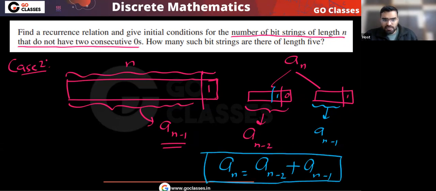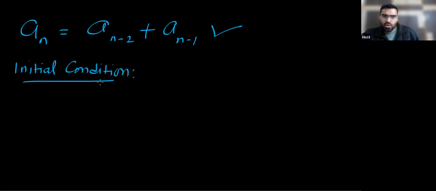What is the initial condition? Can anyone tell me? If you want to find the count for an n-length bit string, you can find it from the n-2 and n-1 length bit strings. We need two initial conditions.